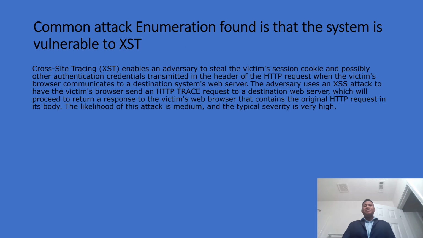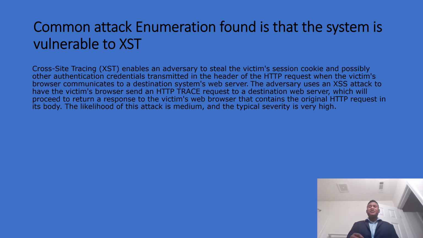Common attack enumeration found is that the system is vulnerable to XST. The cross-site tracing, also known as XST, enables an adversary to steal the victim's session cookies, and possibly other authentication credentials transmitted in the headers of the HTTP request when the victim's browser communicates to the destination system's web server.